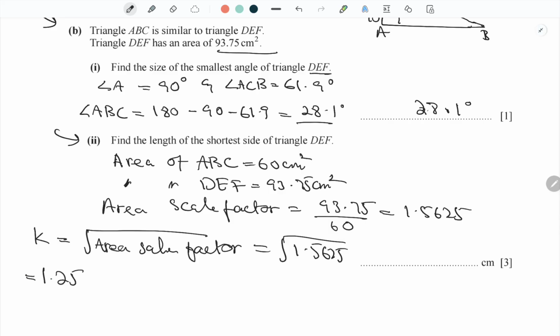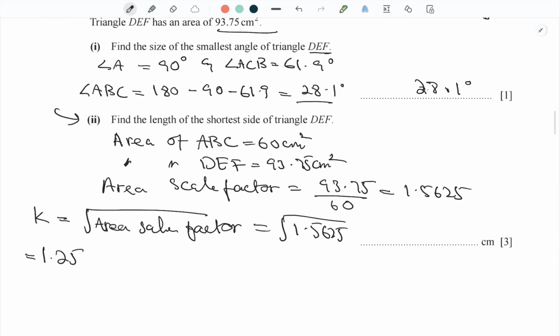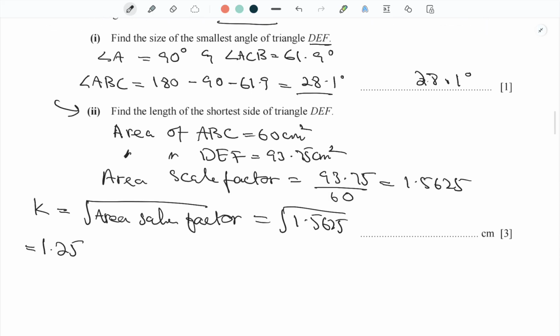Now identify the shorter side of the triangle ABC using x equals 5. I hope you remember we found two values of x, one positive and the other negative. We pick the positive one, x equals 5. So side AC is 5 plus 3 equals 8, right?